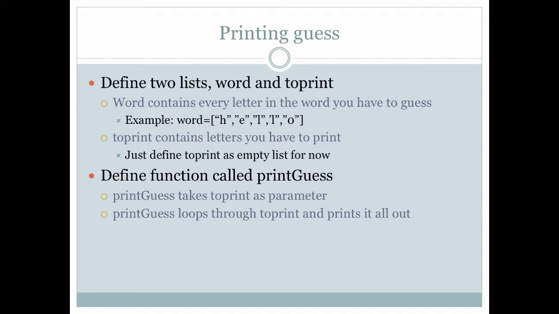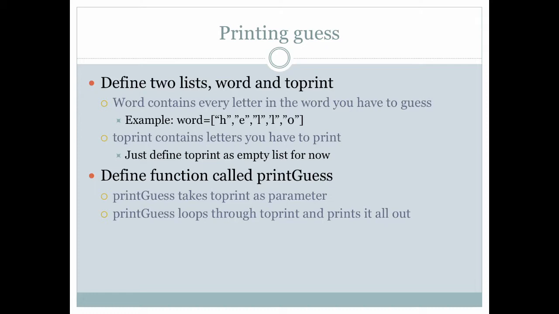Word will contain every letter of the computer generated word, basically the word that the player has to guess. So say the word the player must guess is hello, then word would be H, E, L, L, O. And toPrint contains the letters you'll have to print, but we don't have to worry about that now. So just define toPrint as an empty list.